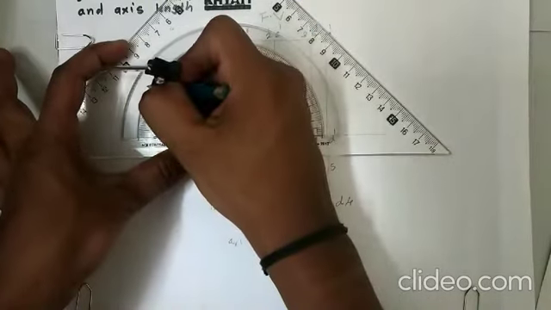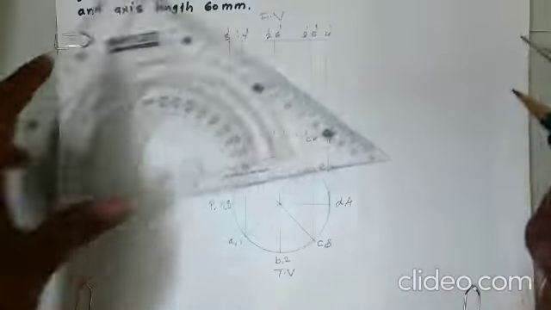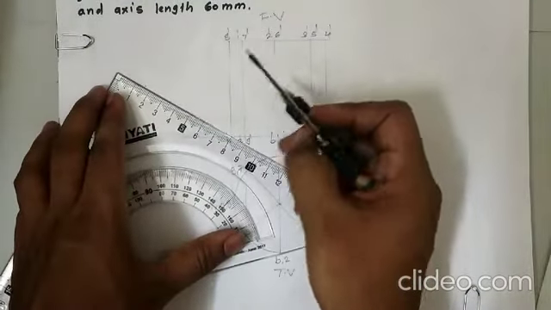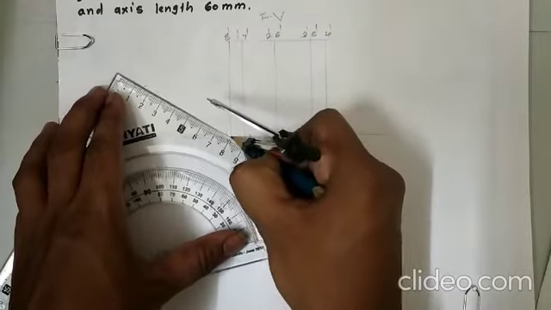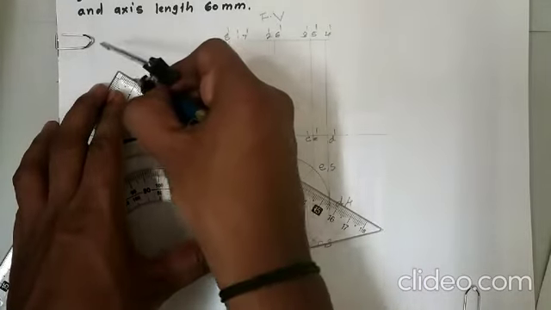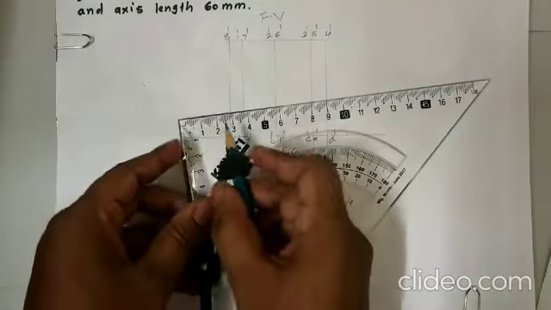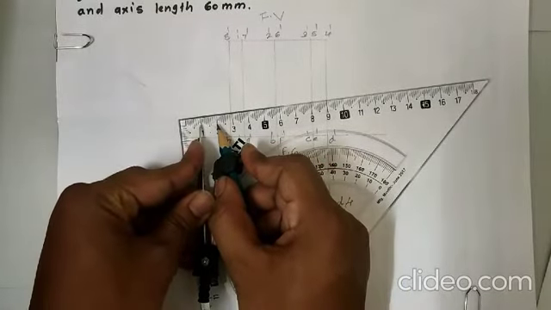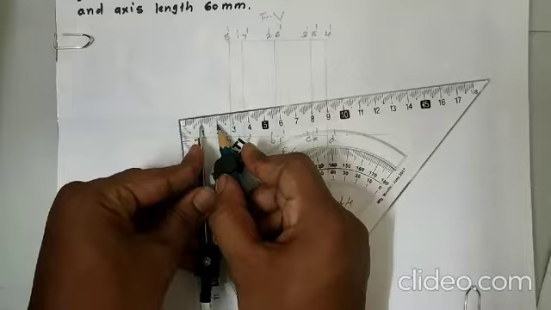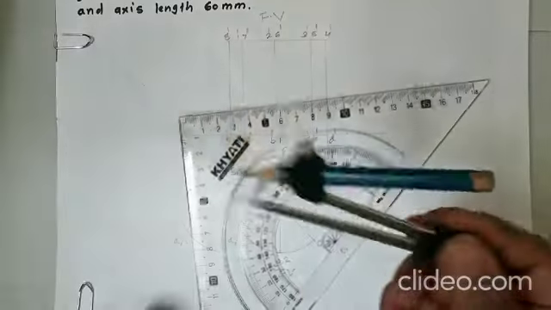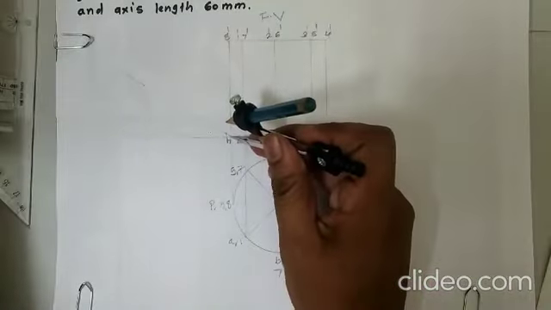Take a 30-degree line and draw one line of any length. Now take any suitable distance, I will take 1 centimeter, and mark 8 divisions on this line.